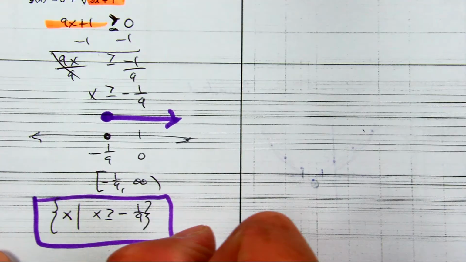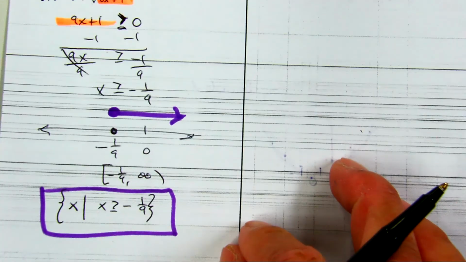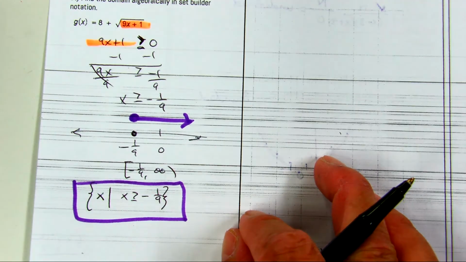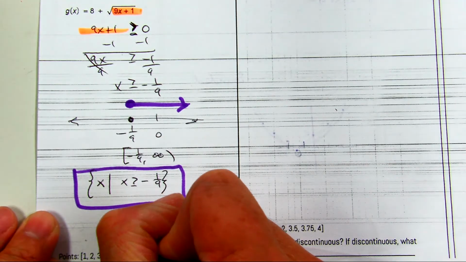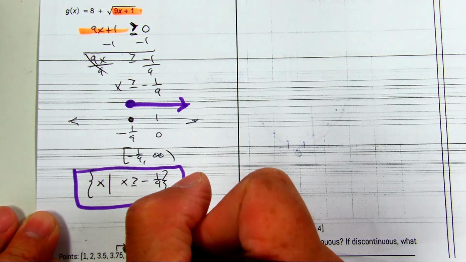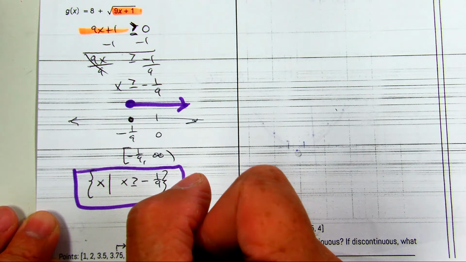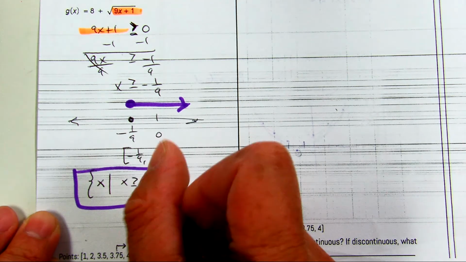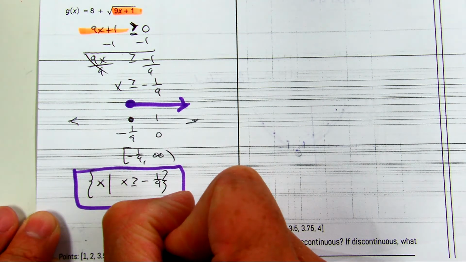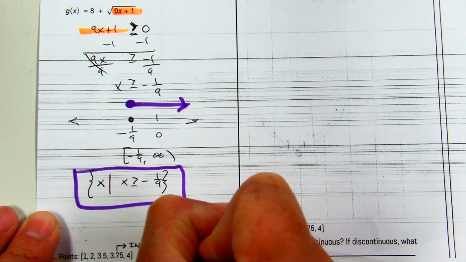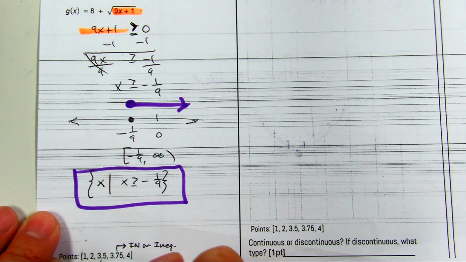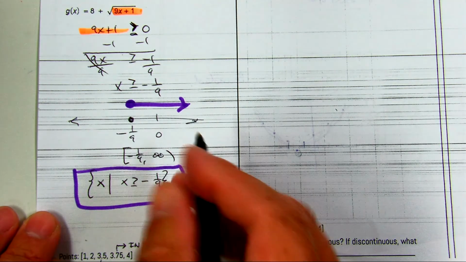You get 4 points for being correct. I'll give you 3.75 if you use interval notation or just the inequality. 3.5 points if you made an algebraic mistake.